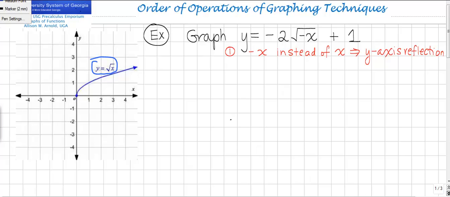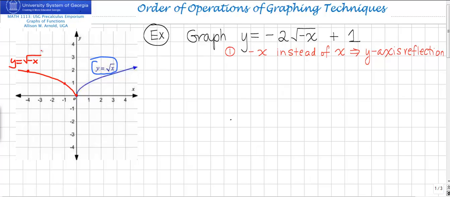So initially, we start out with having a y-axis reflection. Like so. And this guy would simply be square root of negative x.